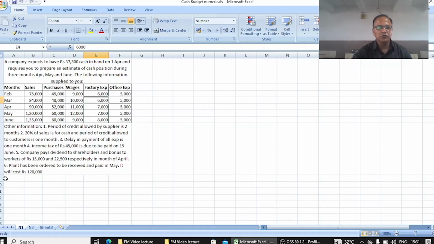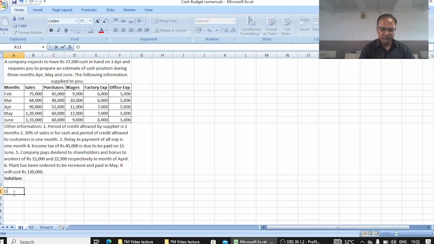Whenever we have to solve this type of numerical, we have to keep in mind that first of all we have to create a structure.